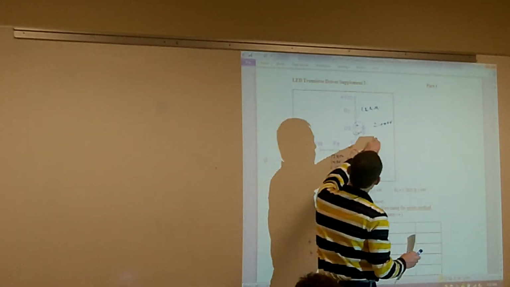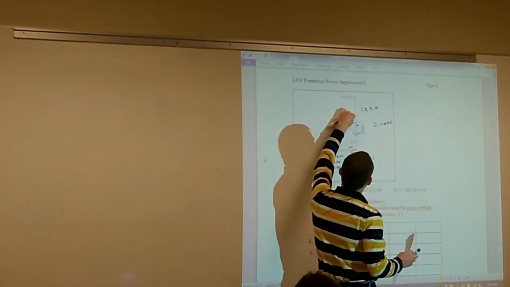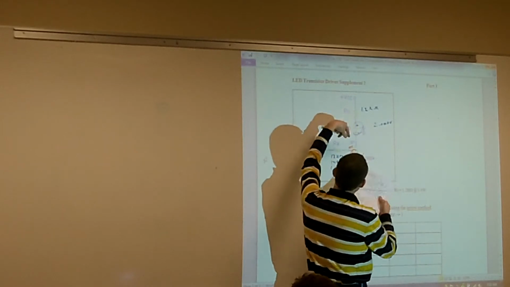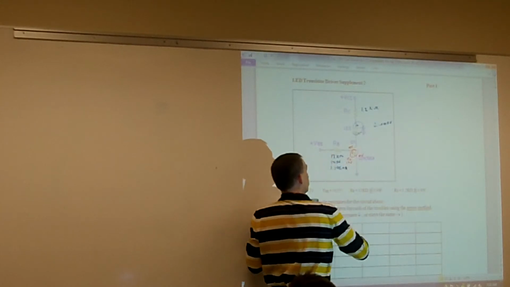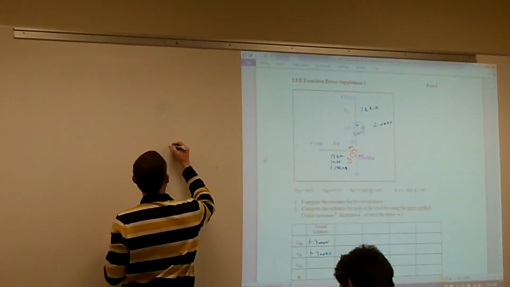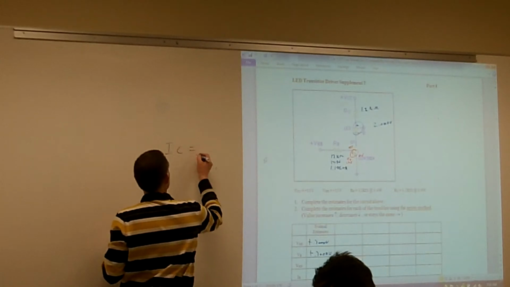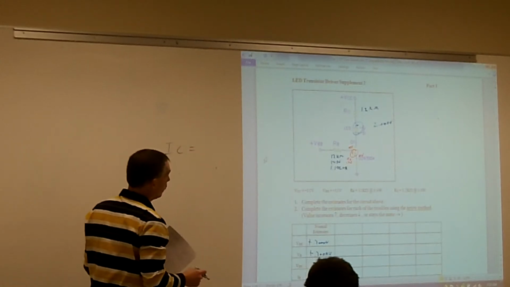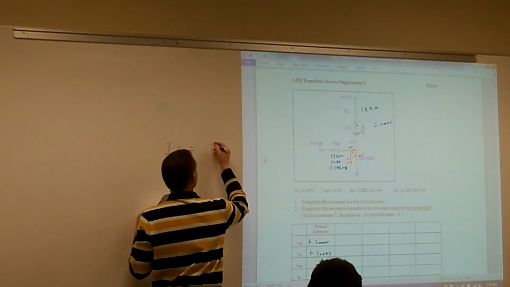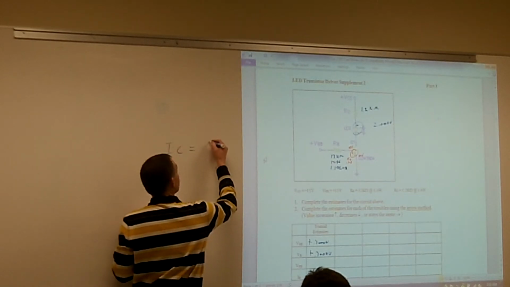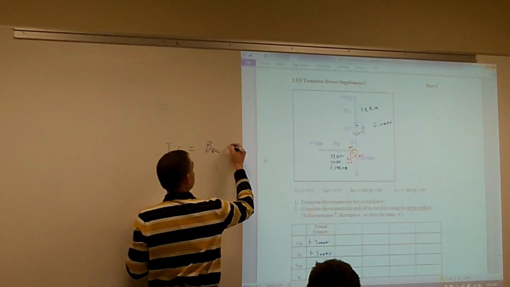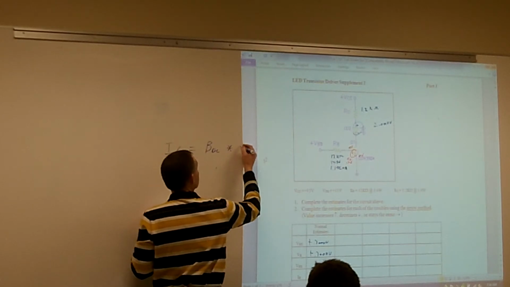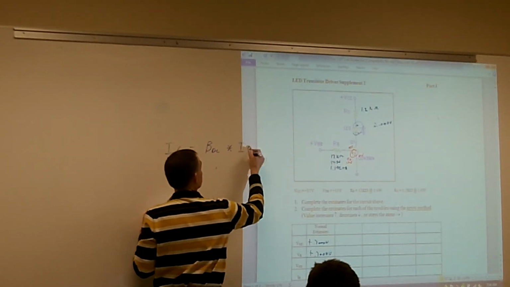And then the current is going to depend on one or two things. Remember, IC is equal to what? What is IC equal to if I'm using a transistor? Yeah, your beta DC times your IB.